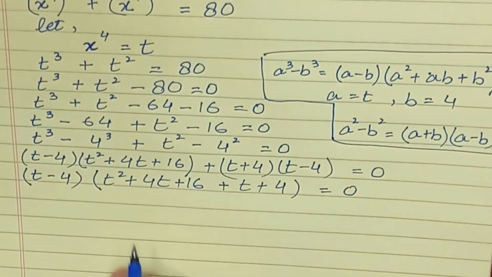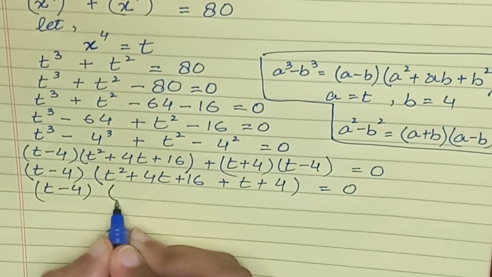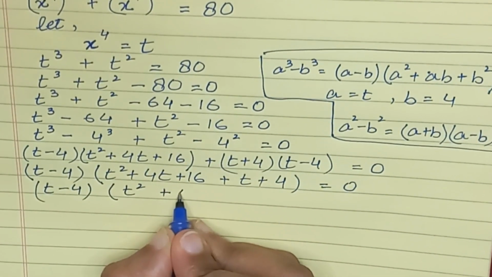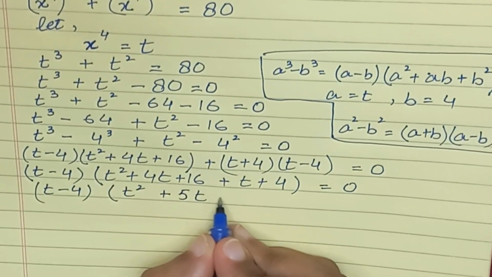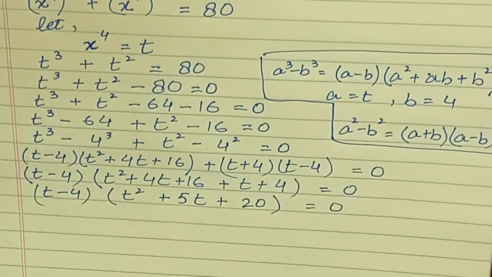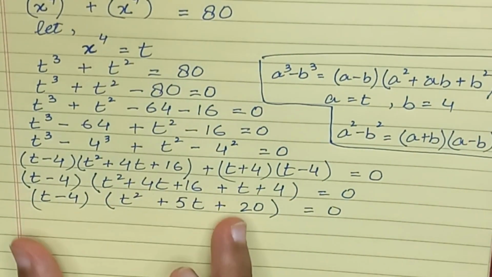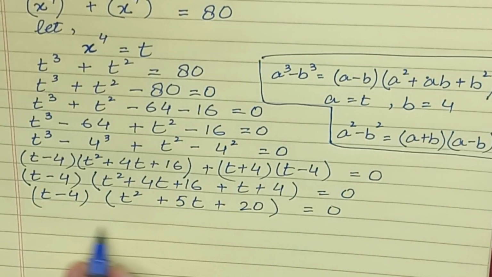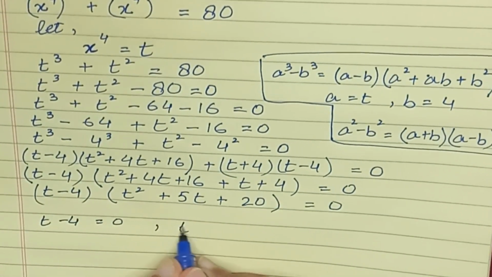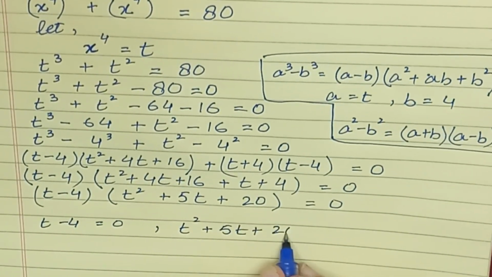So it will become t minus 4 into t square plus 5t plus 20, which is equal to 0. So from here we have two cases: t minus 4 is equal to 0 and t square plus 5t plus 20 is equal to 0.